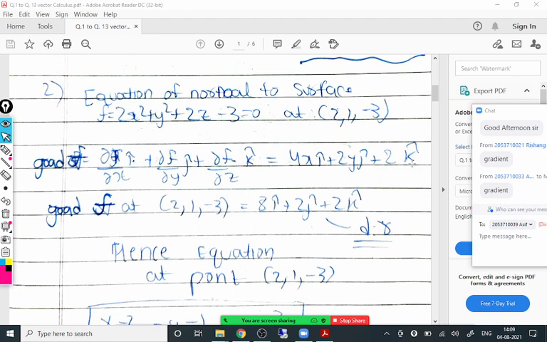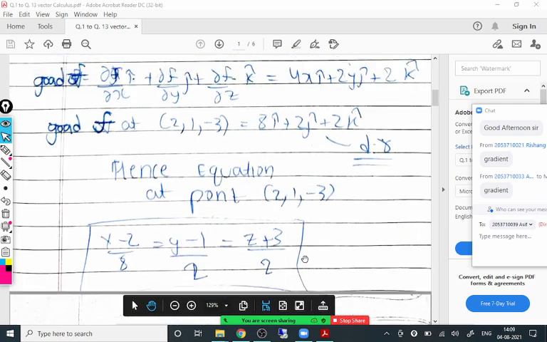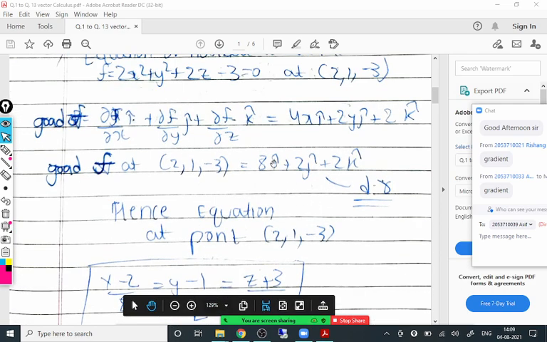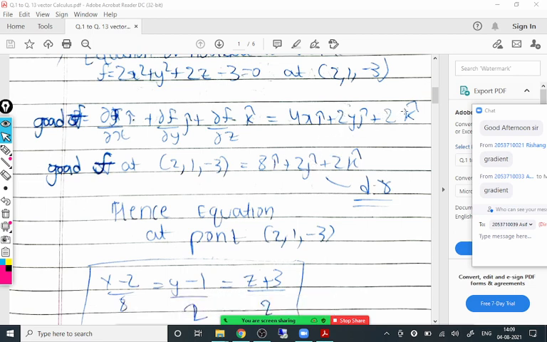That is the general gradient, but we want the gradient at the particular point 2, 1, minus 3. So we just replace the values of x, y, z, and we get 8, 2, and plus 2k only.